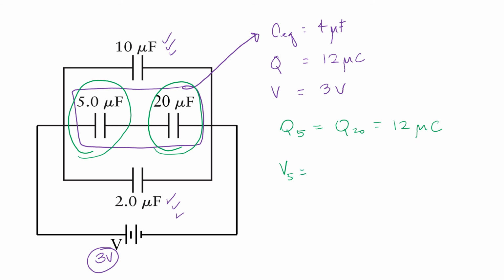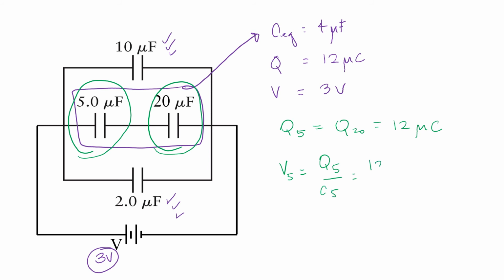Don't forget our original relationship, Q over V is capacitance, so that means Q over capacitance is voltage. And so if we want to know the potential difference across the 5 microfarad capacitor, we would take the charge on the 5 microfarad capacitor and divide it by the 5 microfarads.